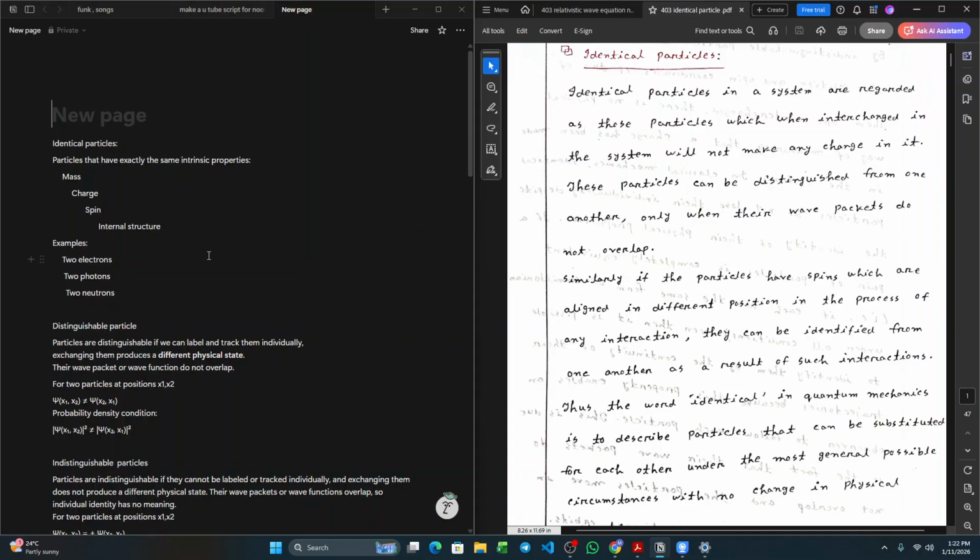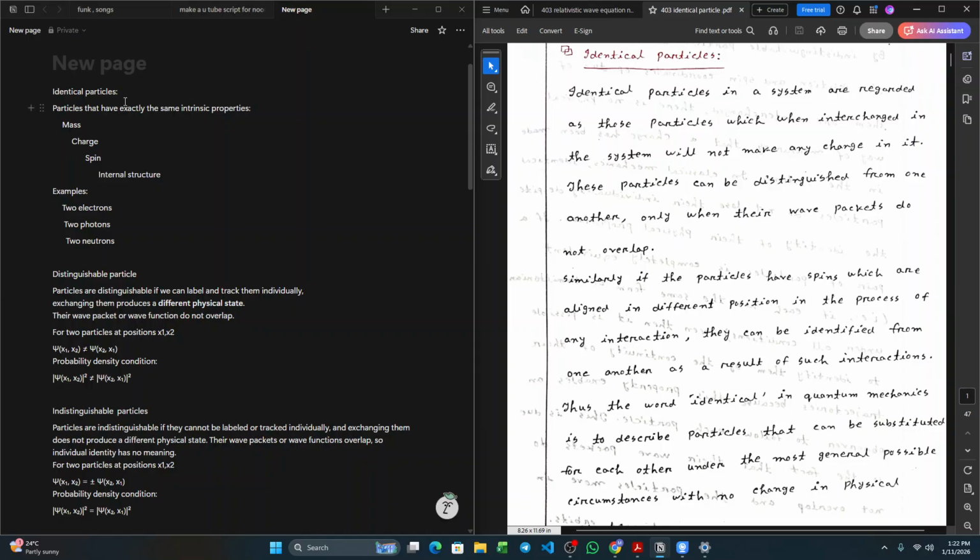Look into the Notion notepad, where I noted that identical particles have exactly the same intrinsic properties, like two electrons, two protons, two neutrons. They have the same mass, same energy, same spin, same internal structure. If you consider two electrons, the spin is plus half, minus half.